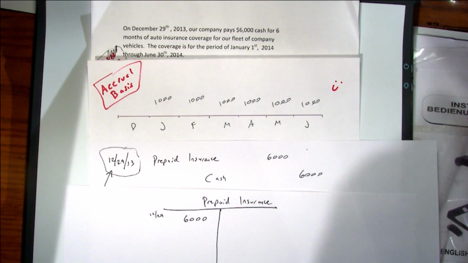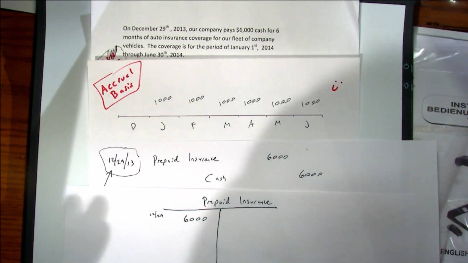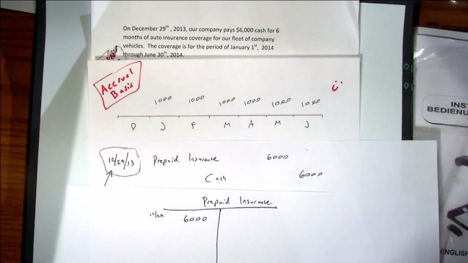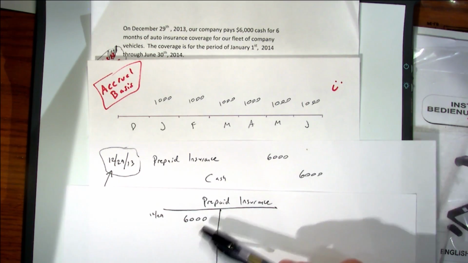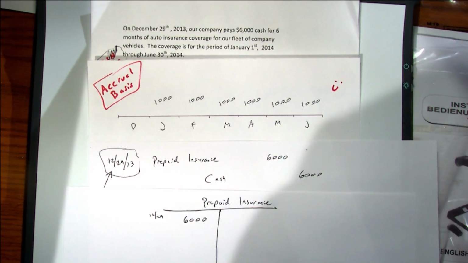How much of that prepaid insurance has been used up or consumed? $1,000 of it has been used up at the end of January, right? For January's insurance coverage, right? It would just be like your prepaid gift card if you went and bought $1,000 worth of stuff. You've used up $1,000 of that benefit. So we are at January 31st. But do you see where our prepaid insurance, if we don't do anything, is still going to show that we have an asset of $6,000, and we don't, do we?